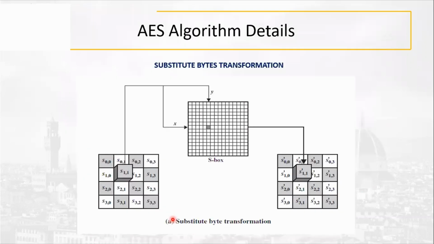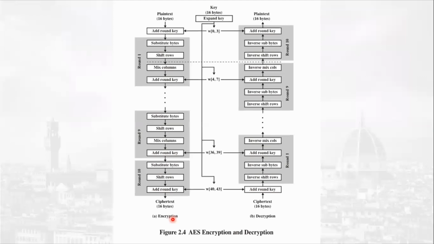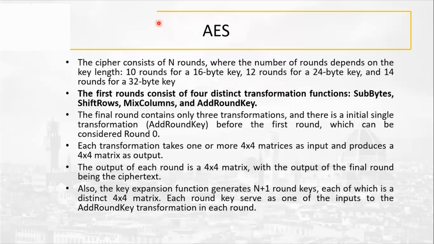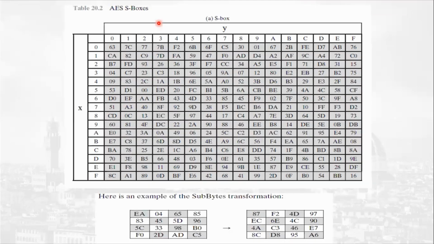Let us say, I'm sorry, I'm going back a few slides. Let us say you have the plain text and you have prepared the matrix. So all these 128 bits are put in a 4 by 4 matrix.